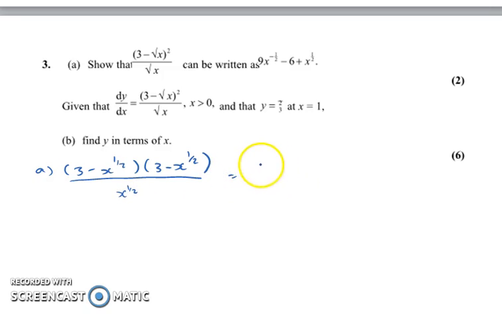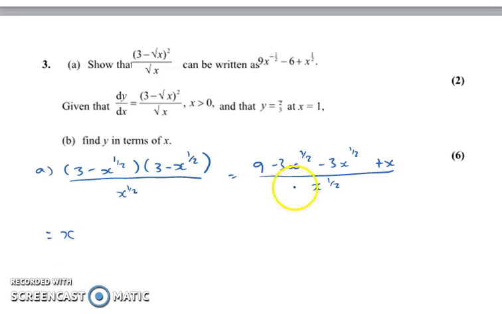This becomes 9 minus 3x to the half minus 3x to the half plus x to the power of 1, all divided by x to the half.